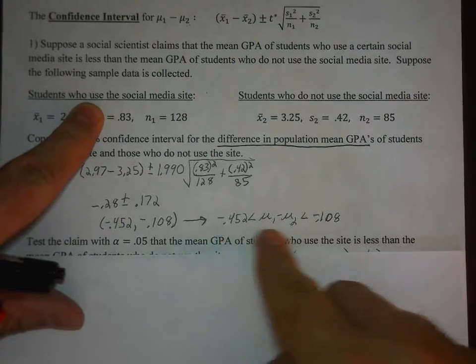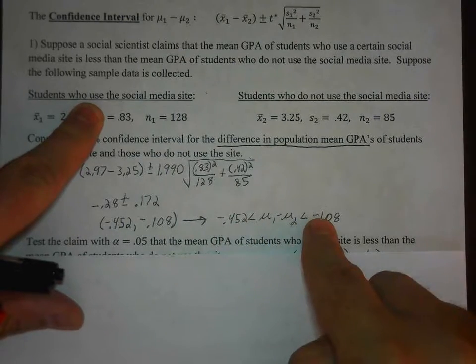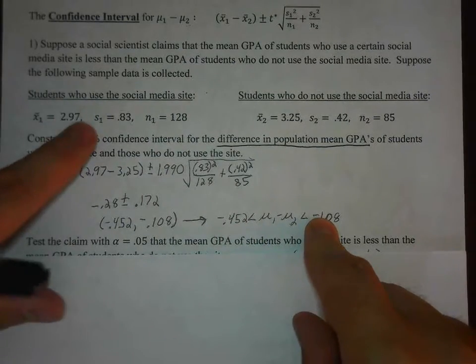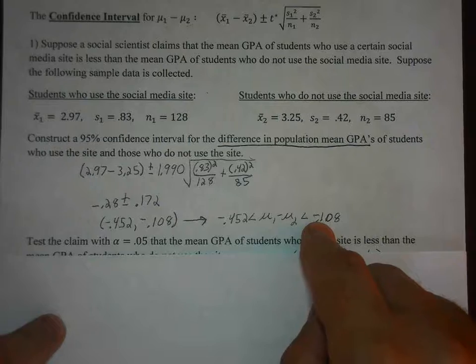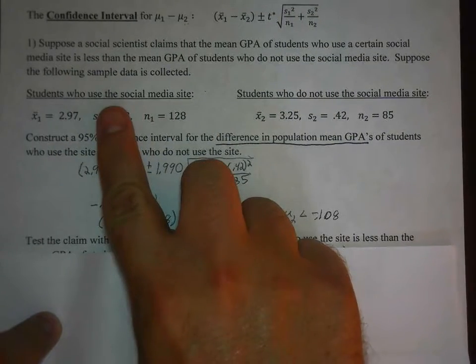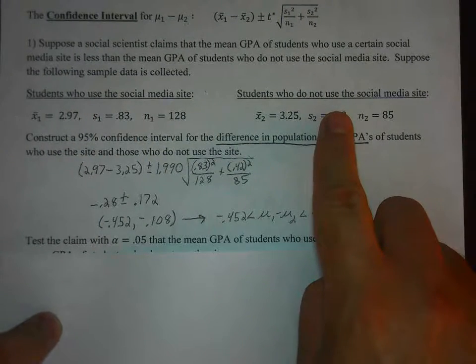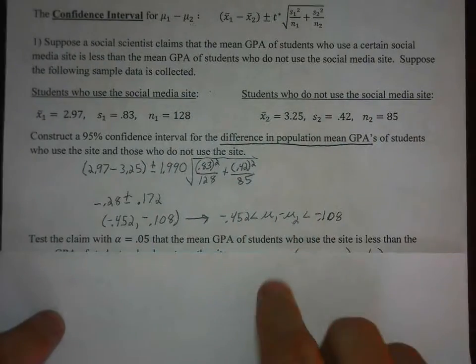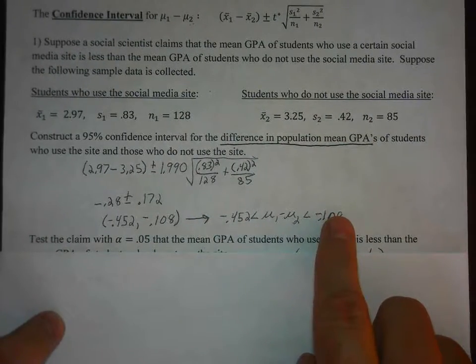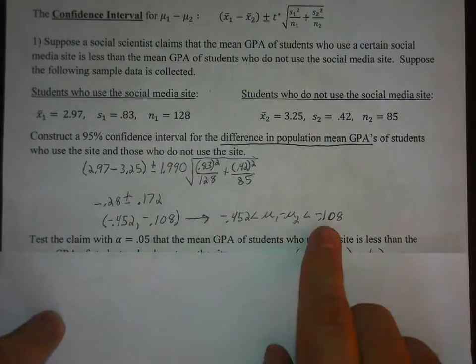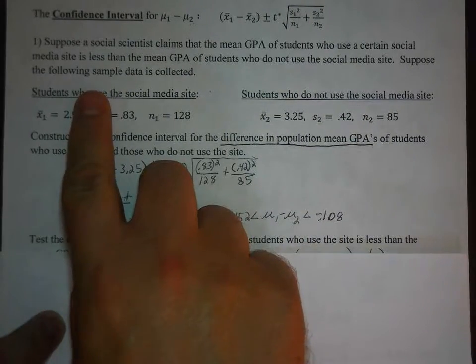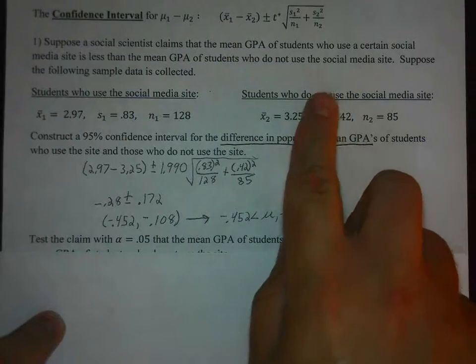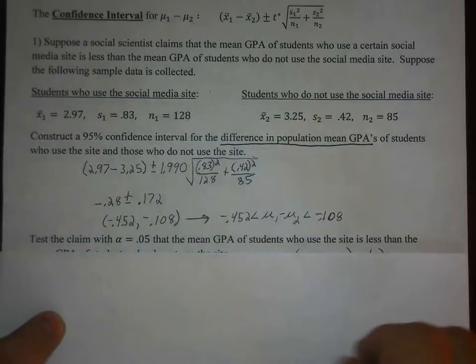If we're expecting to get a negative answer, how do you get a negative answer when you subtract two numbers? You had a smaller number minus a larger. So that's implying, because these are both negative, that those who use the site had a smaller GPA than those who did not use the site.